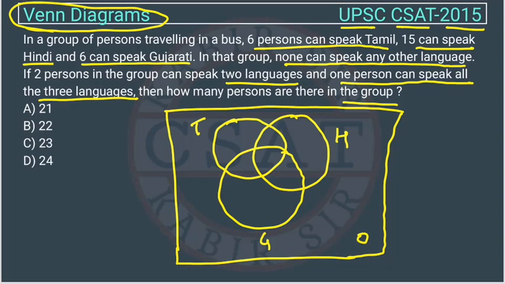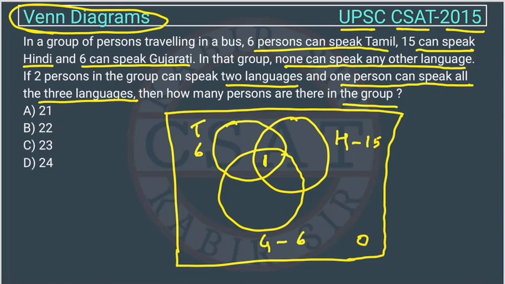And there is 1 person who can speak all language, so this will be 1 inside, right? Now they have given 6 person can speak Tamil and the 15 can speak Hindi and 6 can speak Gujarati. So Tamil will be 6, Hindi will be 15, right? And the Gujarati will be 6.